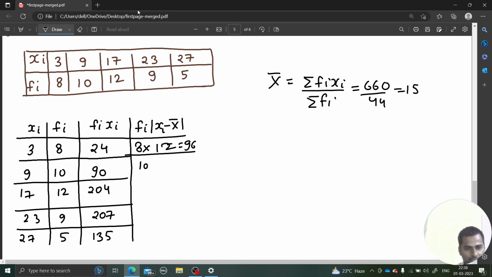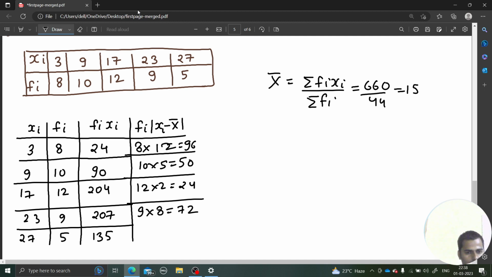Then we have 10 multiplied by 9 minus 15, I'm just taking the positive value because mod is there, so that will be 5. So this is 50. Then 12 multiplied by 2, which is 24. Then again the frequency is 9, and that is multiplied by 8, so this is 72. Next I have 5 multiplied by 12, which is 60.